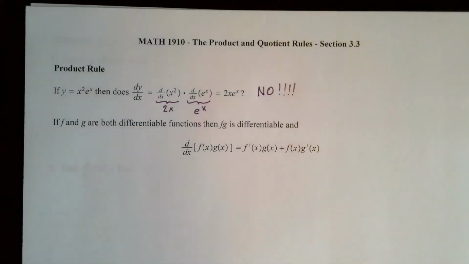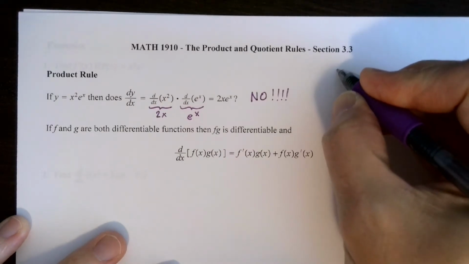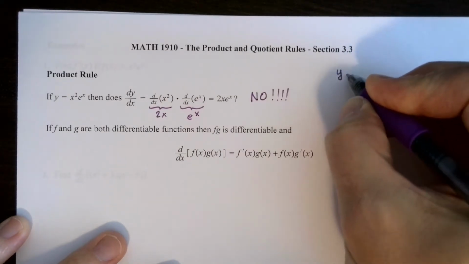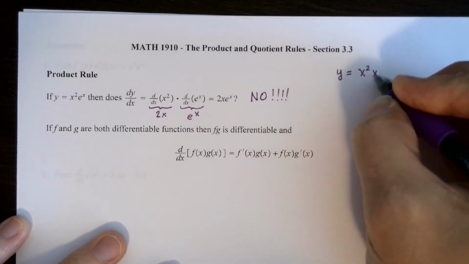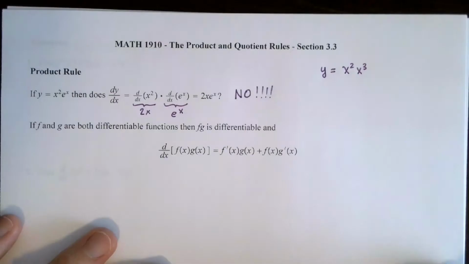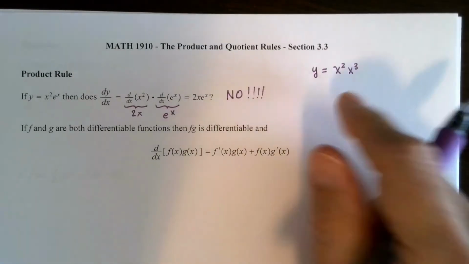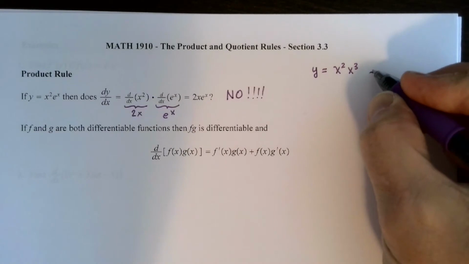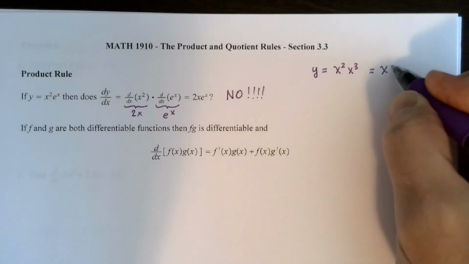And I could illustrate it with some examples. Here's one we could do by simplifying. If I had y is equal to x squared times x cubed, and I wanted to find the derivative, what you would do is simplify, because x squared times x cubed is x to the 5th power.